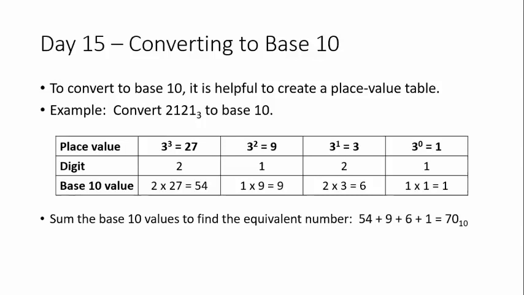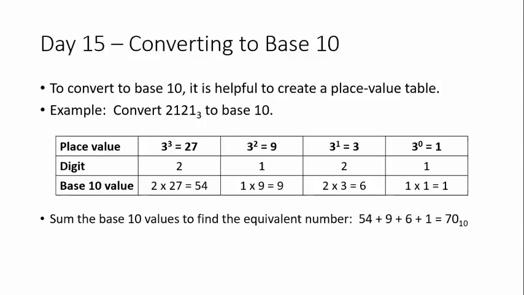The digits are 2121 base 3, and I can just fill those in under the appropriate place. And then to convert to base 10, I multiply the digits in my number by the value. So you'll see that I'm multiplying 2 and 27. I'm multiplying 1 and 9.